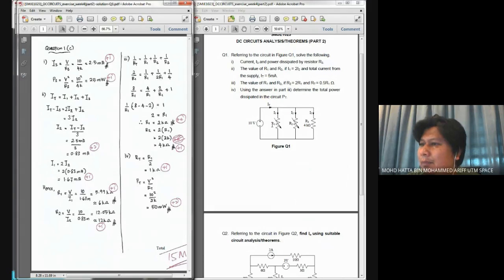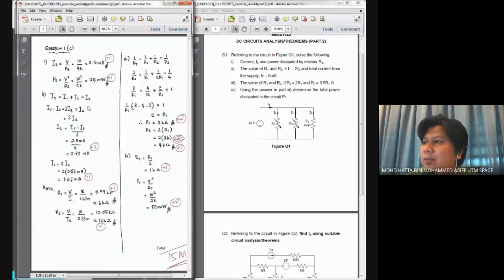So R can be found by using V divided by I. That's why in the first step for the second part, I try to find the value of my currents.